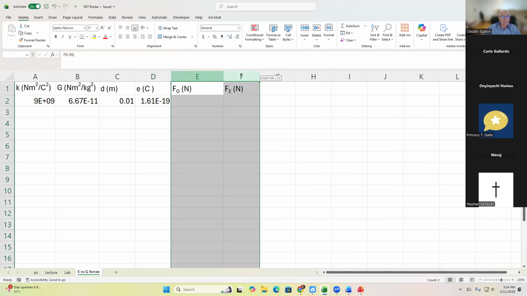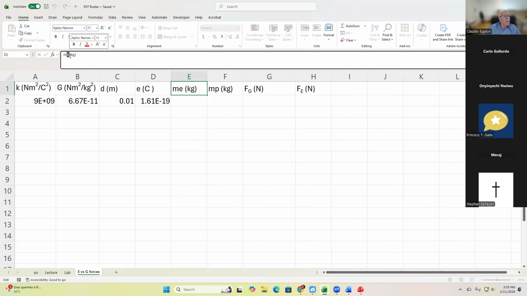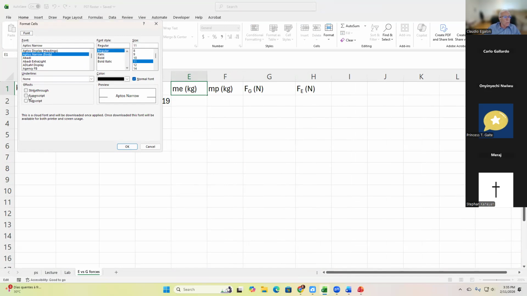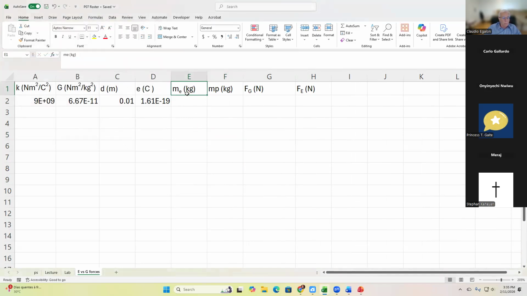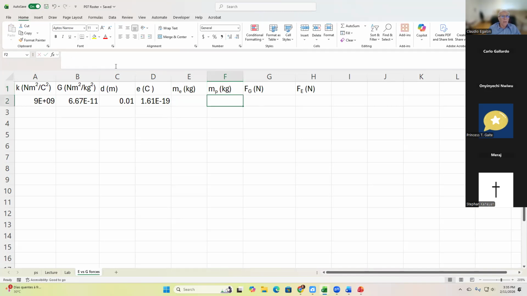Oh, we still have the masses of the particles: mass of the electron in kilogram, mass of the proton in kilogram as well. Subscript, here you go. Mass of the electron, mass of the proton.